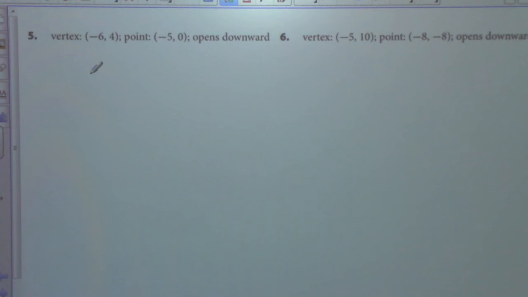Go ahead. F of x equals a parentheses x plus 6 parentheses squared plus 4, and then 0 equals a parentheses negative 5 plus 6 parentheses squared plus 4.